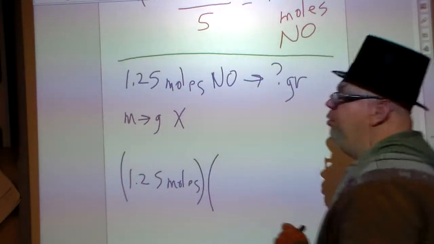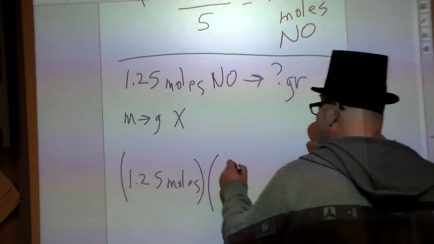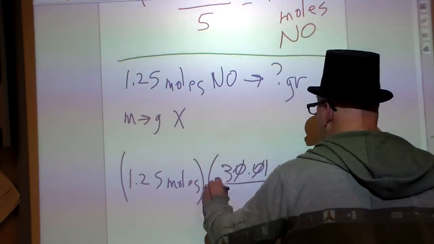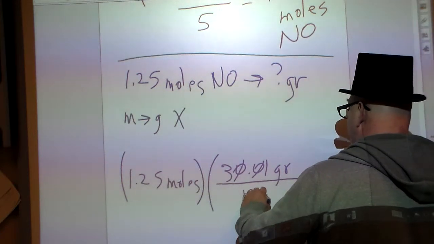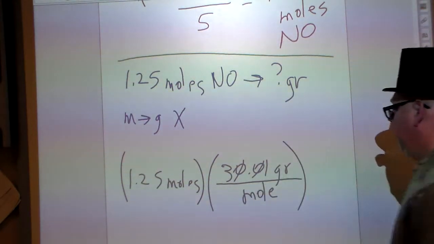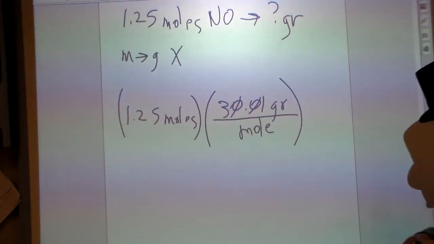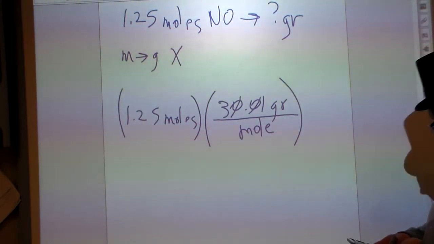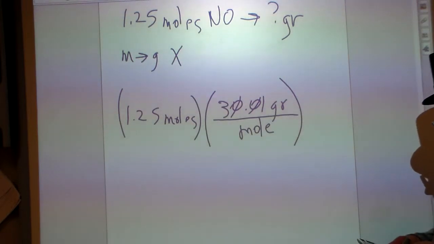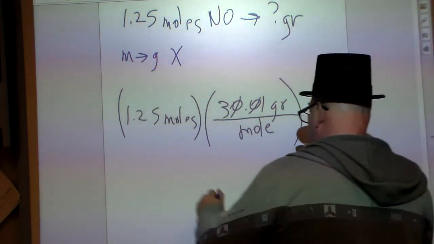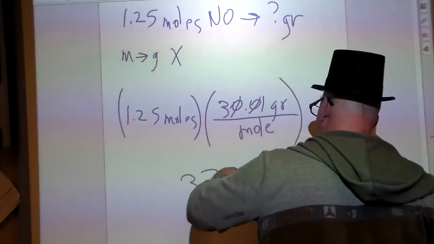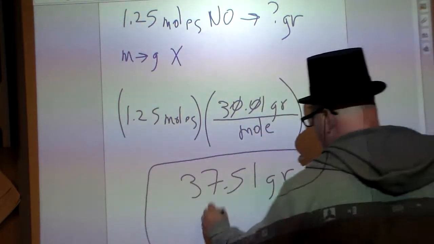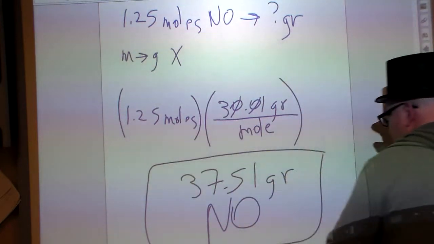If N is 14.01 and O is 16, that's going to give us 30.01 grams. Again, I get it from the periodic table. Okay, so this is what we have, and I got to go in, clear 1.25 times 30.01 equals 37.51 grams of NO are made.